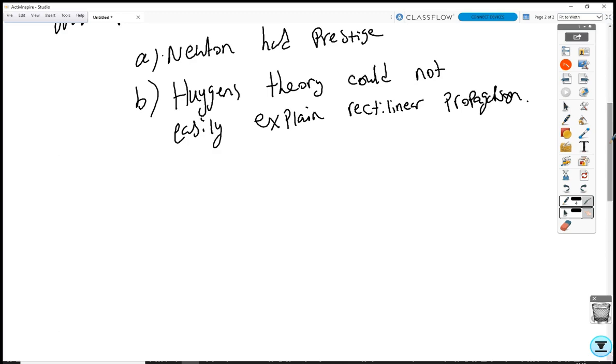So, after 150 years, we got two main proofs against the corpuscular theory.